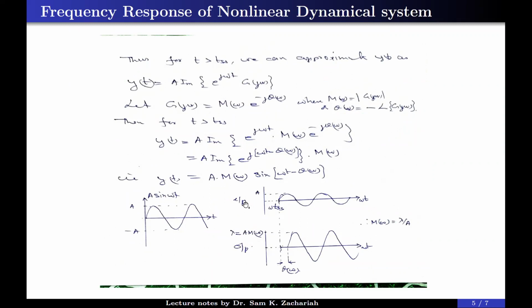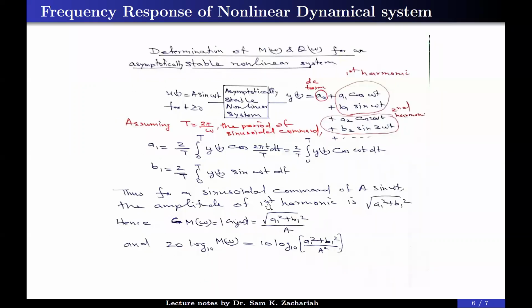We are giving a sinusoidal command, waiting for sufficient time so that all transients settle, then taking the output by input. But here, in a nonlinear system, the output is not a pure sine wave. Nonlinearity itself means that if you inject sine omega t, the output will contain many components. One component is the DC component, some average value due to some offset in the output.